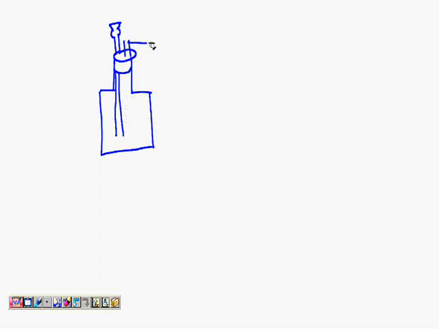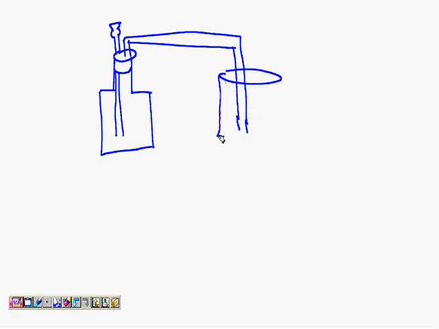The other tube is the bent delivery tube. The other flask also has a double-holed cork; one tube is long and the second tube is short.